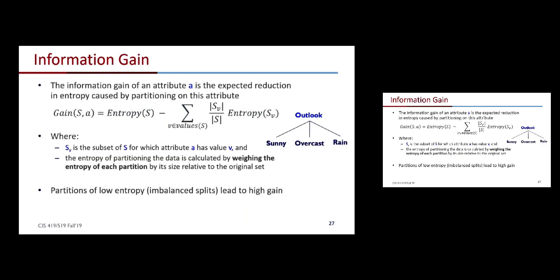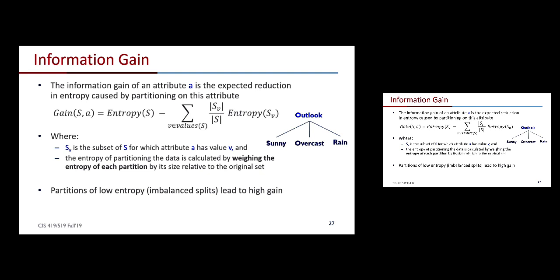So now that we have the notion of entropy, we can go back to the decision tree problem, and we're going to use it as a way to choose the best attribute. I'm going to define the notion of the information gain of an attribute, which is the expected reduction in entropy caused by partitioning based on this attribute.